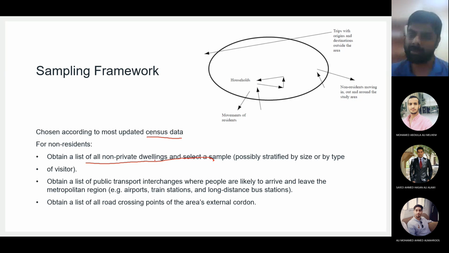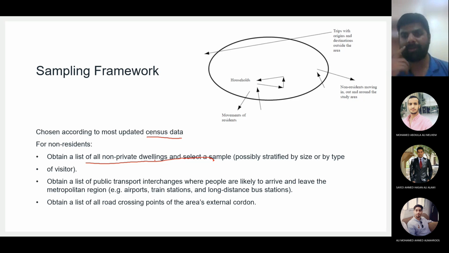He will live in a hotel. So you take the data from these locations. They will give you an idea about the people who are non-residents. You can also take a list from interchanges where people are likely to come when they are entering or leaving the area. For example, airports and train stations, those which are used by non-residents.